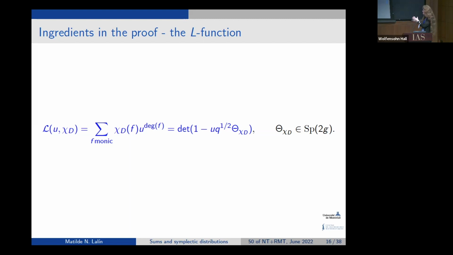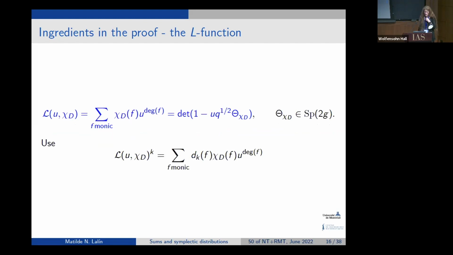By the Riemann hypothesis, all these normalized roots have to have absolute value 1. So basically what we get is a conjugacy class, called the Frobenius conjugacy class, and it lies in the symplectic group of dimension 2g.